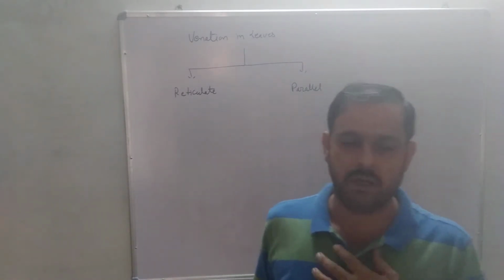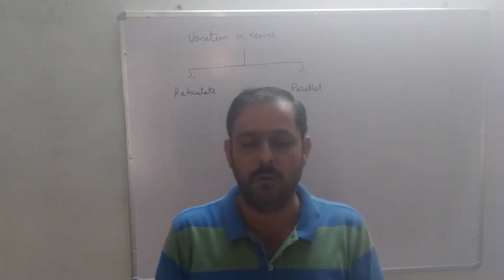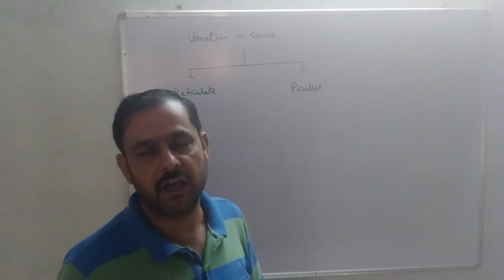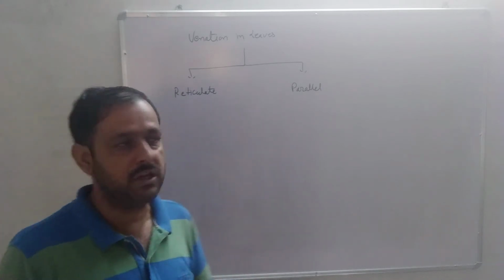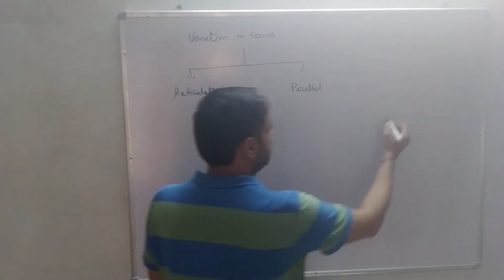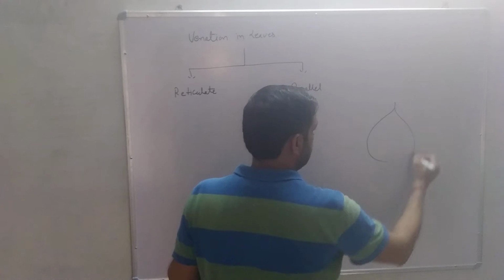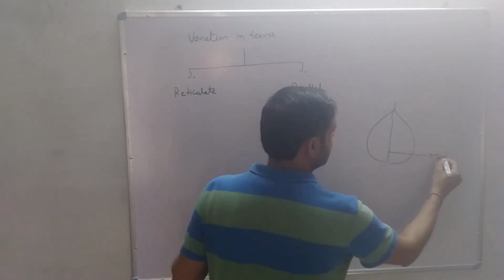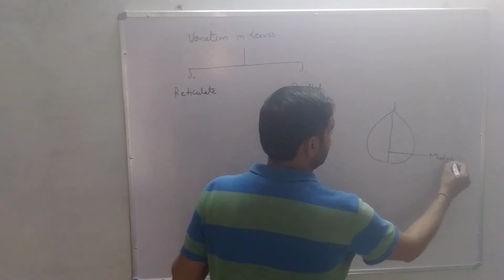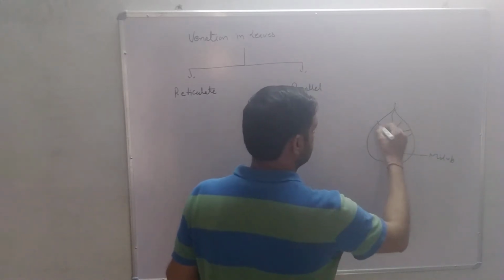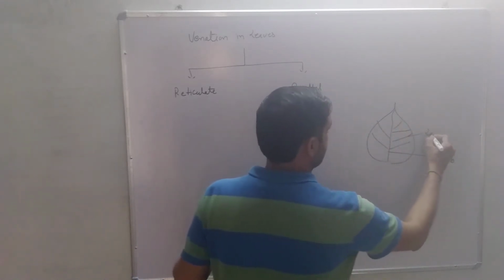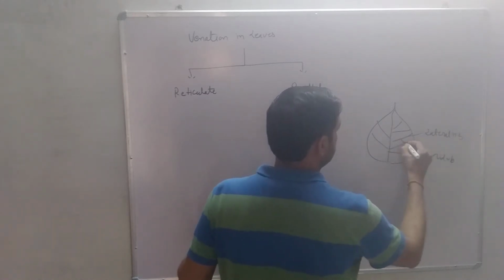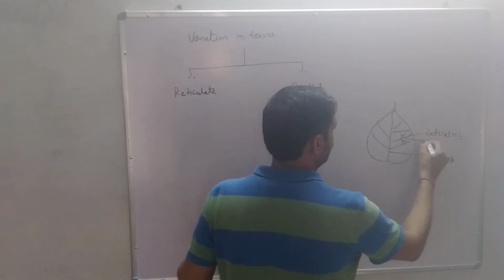First of all, what is venation? The arrangement of veins and veinlets in the lamina is termed as venation. This is a leaf, and this part is called the midrib, these are called lateral ribs, and these are called veins.